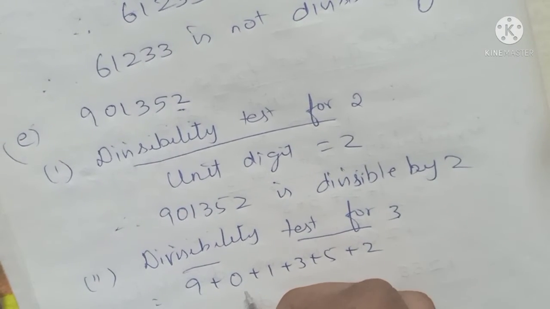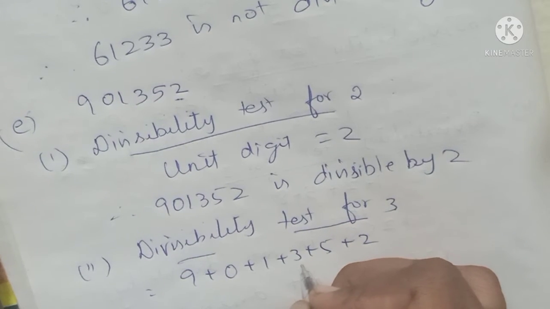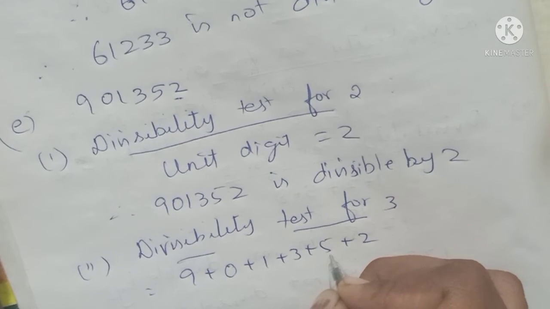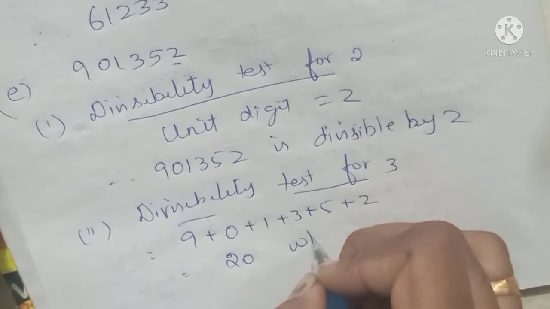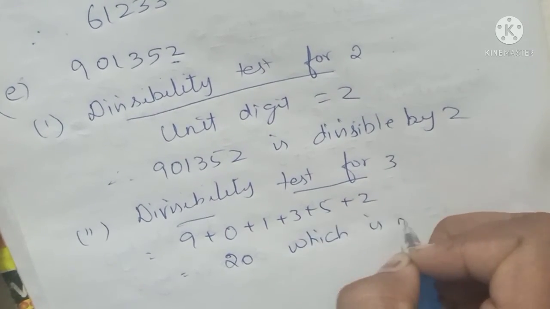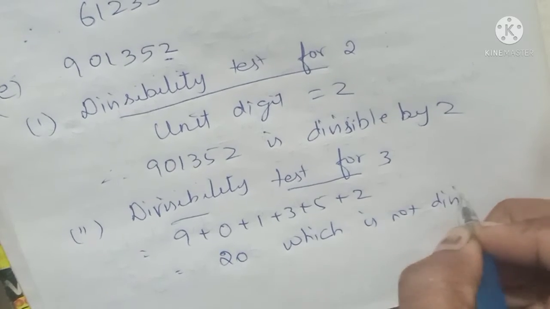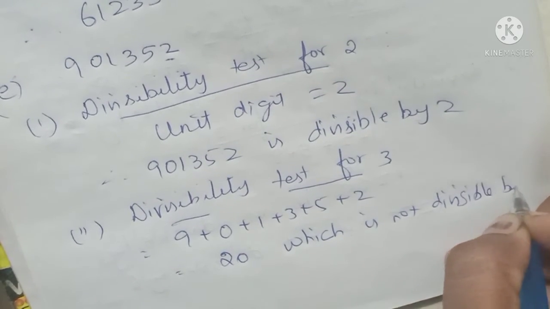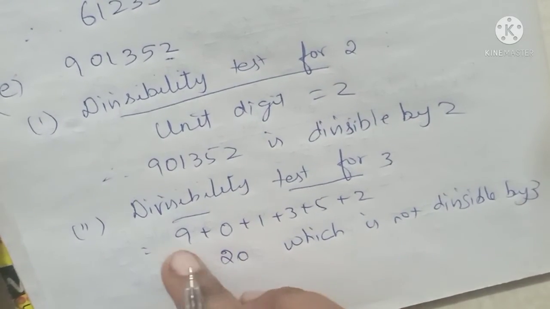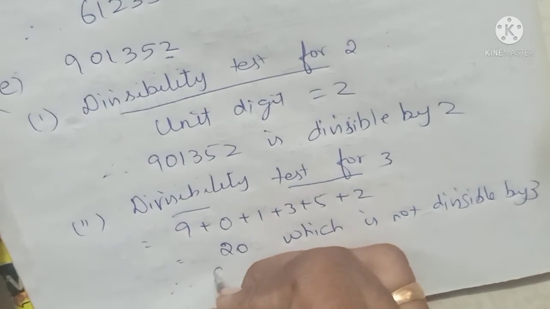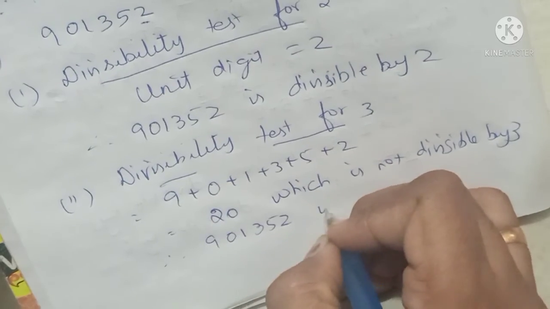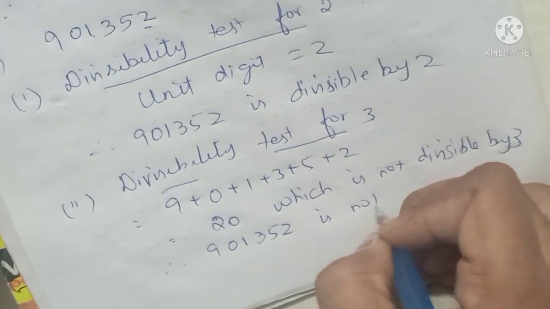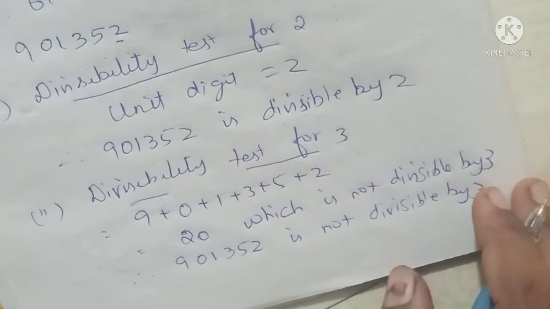So 9 plus 0 is 9, 9 plus 1 is 10, 10 plus 3 is 13, 13 plus 5 is 18, 18 plus 2 is 20. So 20 is not divisible by 3. Therefore the entire number 9,01,352 is not divisible by 3.